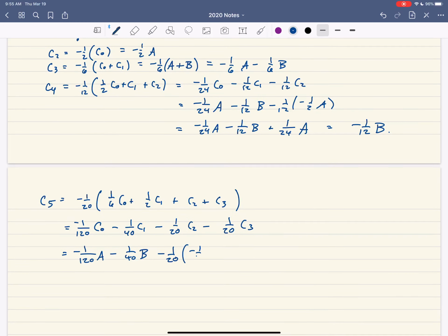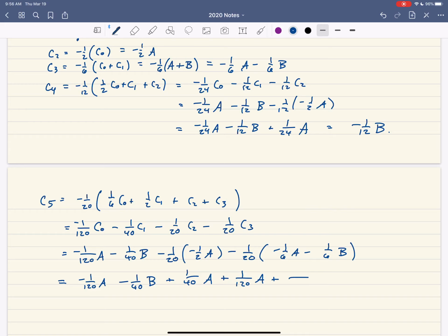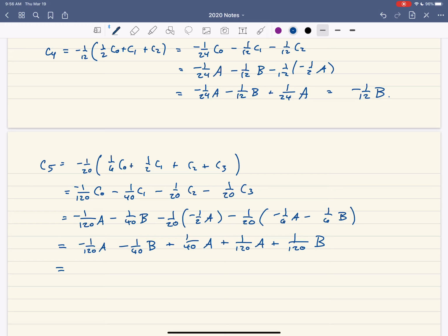C2 we said was negative 1/2 A. Minus 1/20 times C3. C3 we said was negative 1/6A minus 1/6B. And so we just have to figure out what's going to happen here. We're going to have negative 1/120 times A minus 1/40 times B plus 1/40 times A plus 1/120 times A plus 1/120 times B. And so that simplifies to, so negative 1/120A plus 1/120A, those cancel.